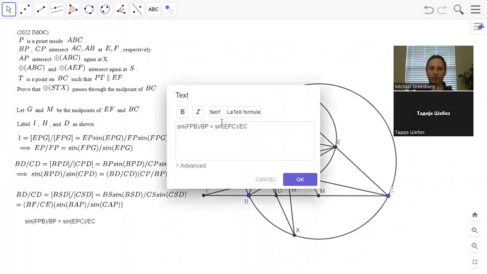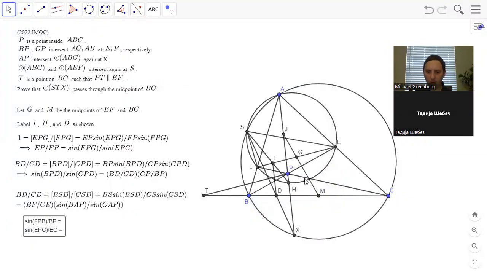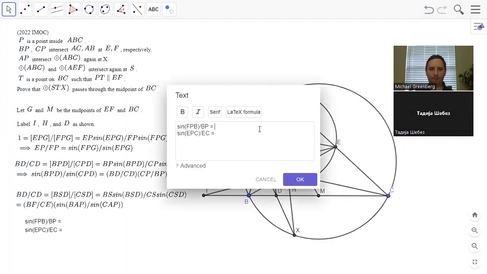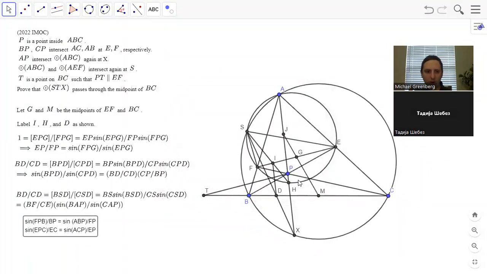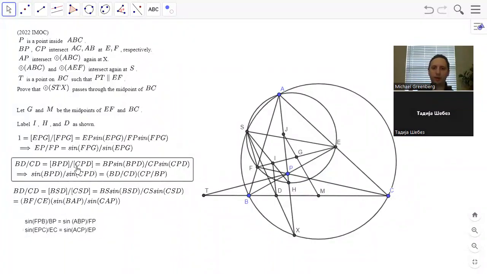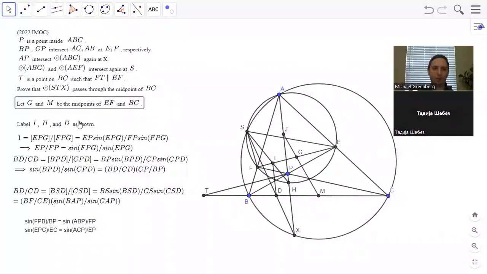No. This is a separate statement. So this is equal to sine ABP over FP. And this is equal to sine ACP over EP. And then also we have sine ABP over AP. So yeah, I think if we do one more law of sines, it kind of finishes it. So sine ABP over AP is sine BAP over BP.